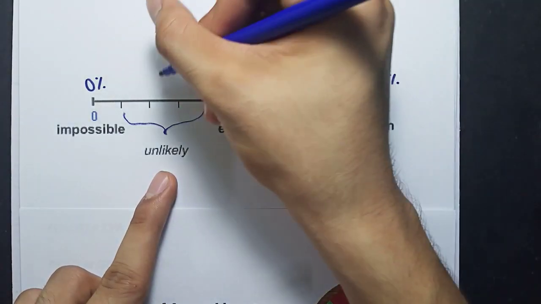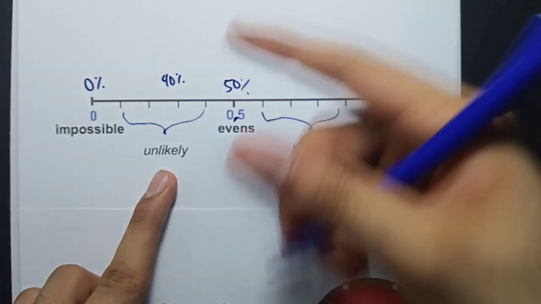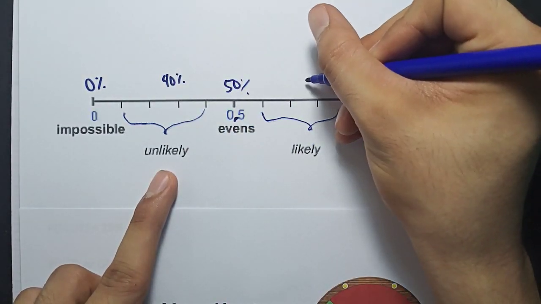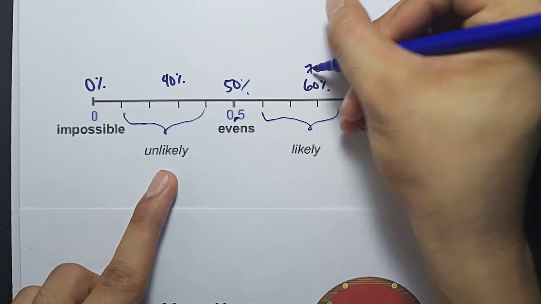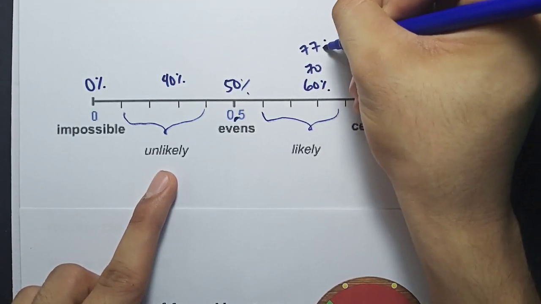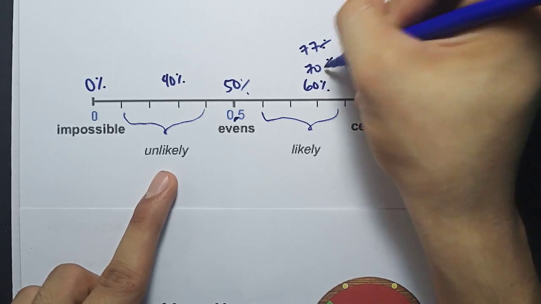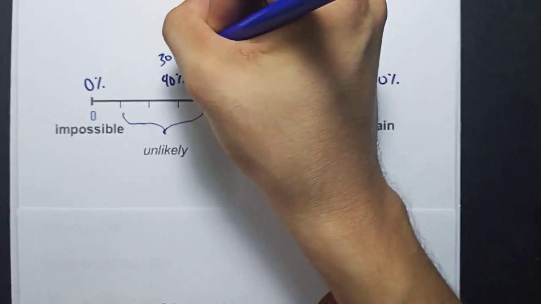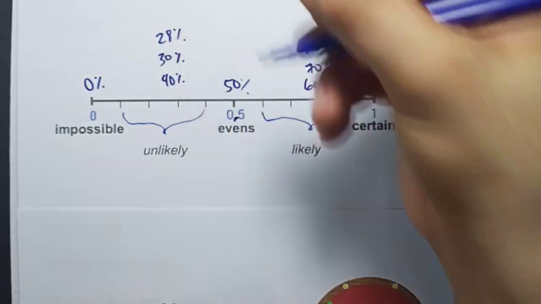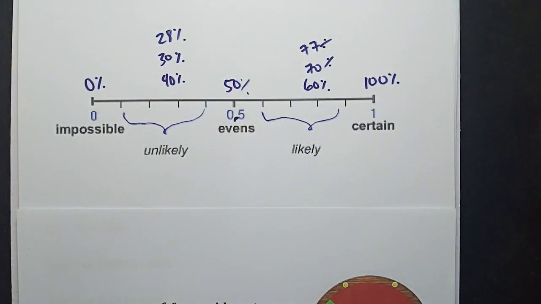So kapag meron kang 40% chance, meaning unlikely to win. If you have 60% chance, you are likely to win. 60, 70, 77. Yan. Likely. Ito naman, 30%, 28%. Basta less than 50, unlikely.